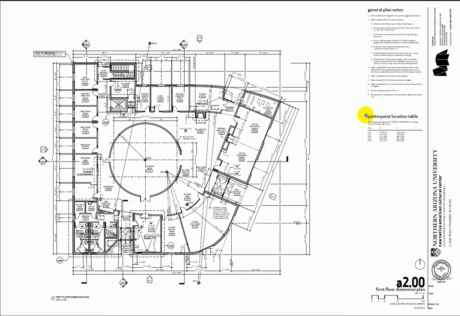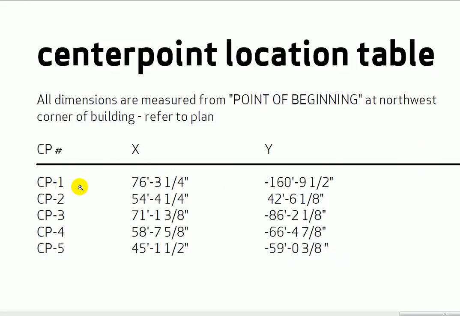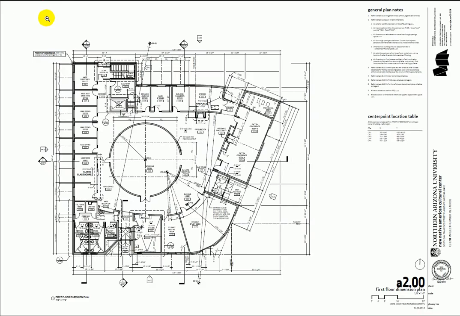And so if we go over here, center point number 2, you can see that there's some dimensions given, and these dimensions are measured from that point of beginning. So to start the whole building, the contractor is going to have to figure out where this point is from the several drawings, and then everything is referenced off that. So now we know where everything is in this building.